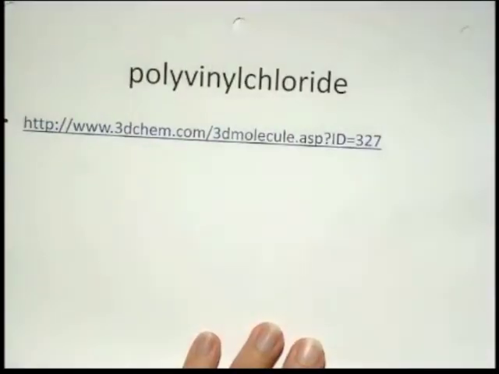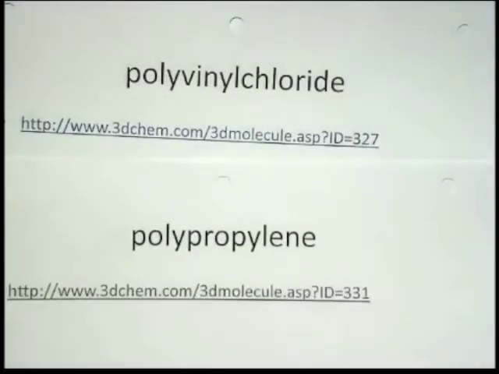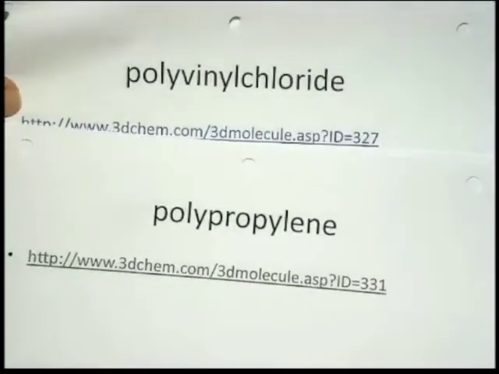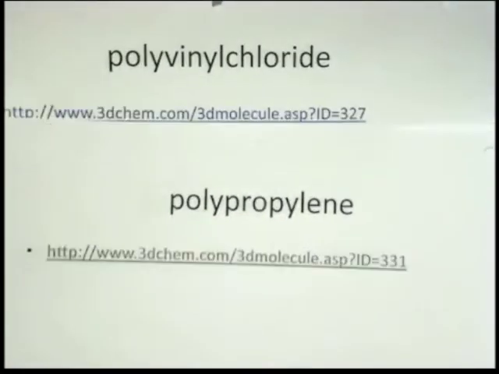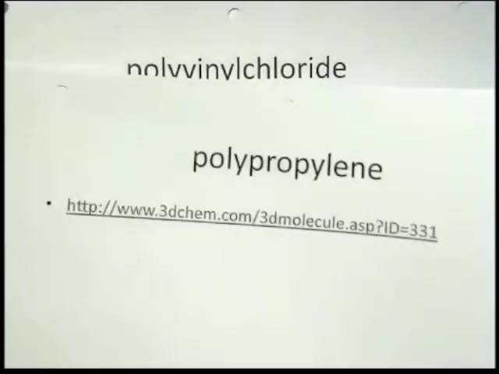You can take a look. The 3D Chem site also has polyvinyl chloride, PVC, and also polypropylene. Polypropylene is another plastic made from the propylene monomer, which is in your book. You can read about that one.